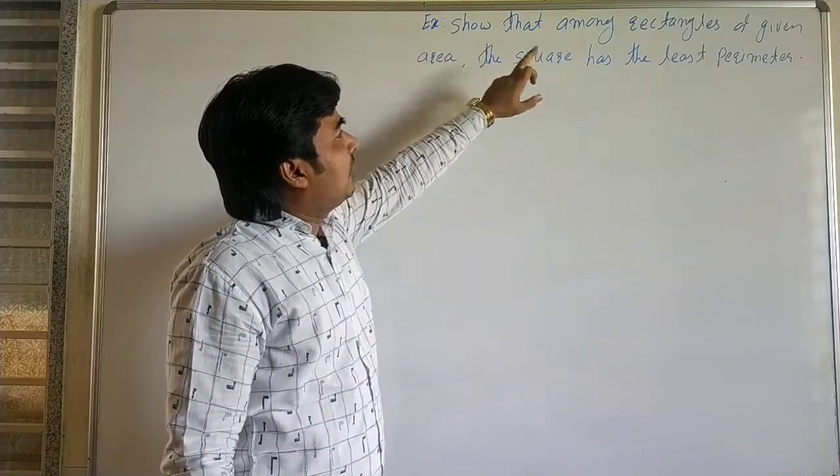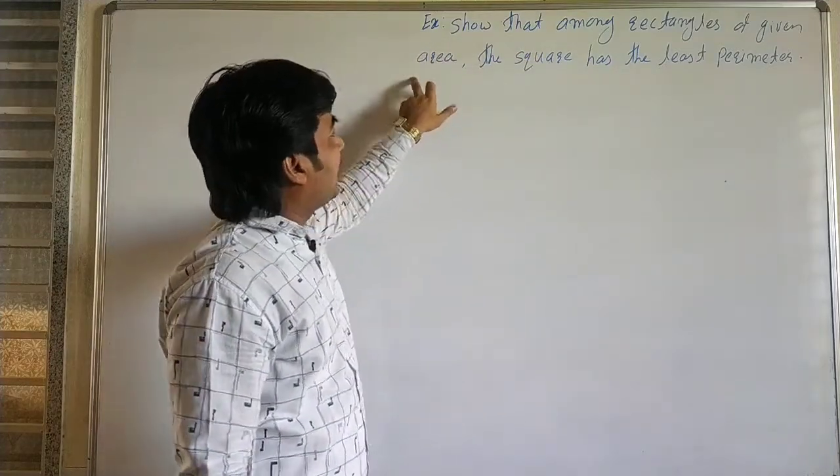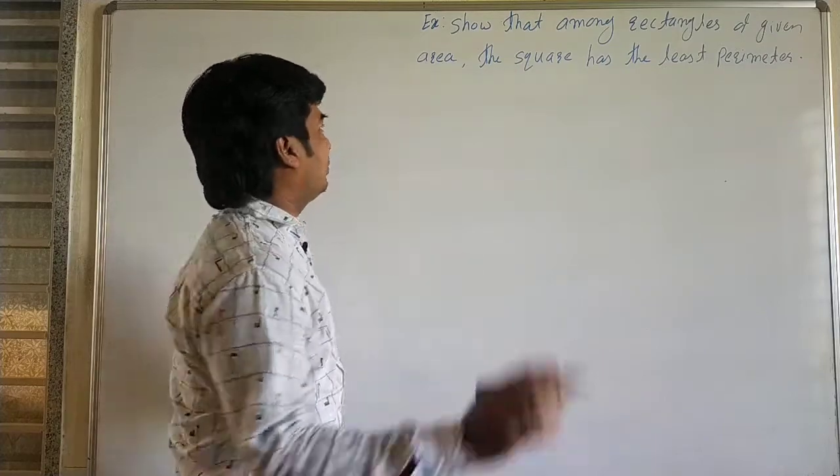Show that among the rectangles of a given area, the square has the least perimeter.